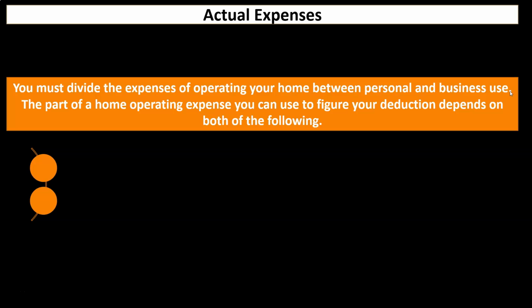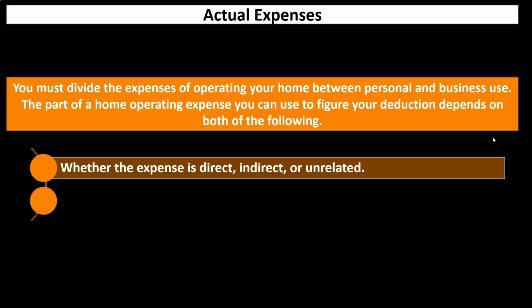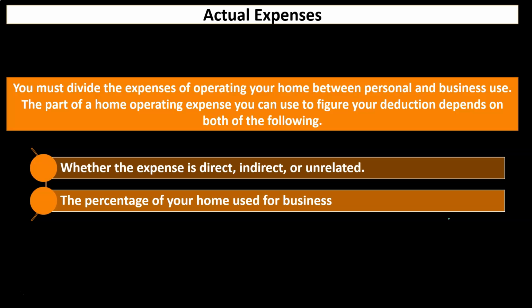On the personal side, we typically cannot deduct unless there's an exception, like interest on the home mortgage and things like that. So the part of the home operating expense you can use to figure your deduction depends on both of the following: whether the expense is direct, indirect, or unrelated, and the percentage of your home used for business.